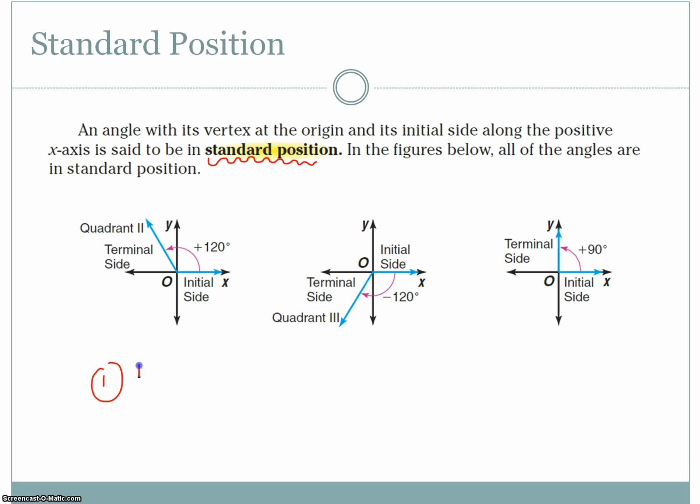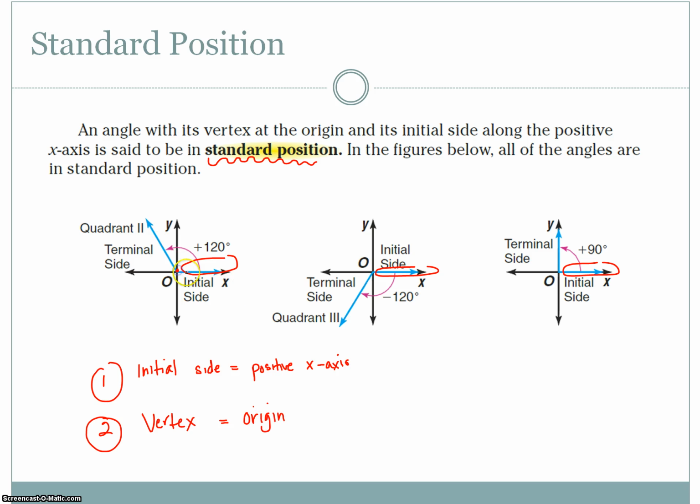Number one, the initial side always has to be the positive arm of the x-axis. Wherever that line is, it always starts on the positive side of the x-axis. And the second thing is that the point that we rotate around, or the vertex, always has to be the origin.